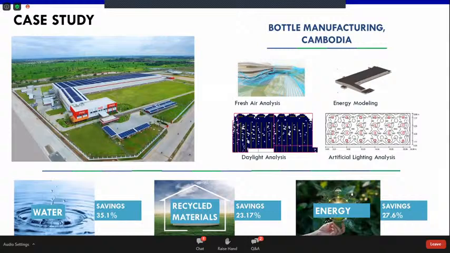This is one of the case studies where all the passive strategies have been implemented. This is the Coca-Cola factory done in Cambodia, where all the passive analysis was carried out.